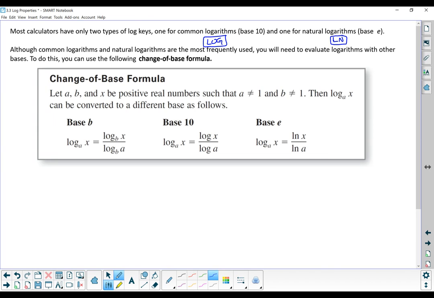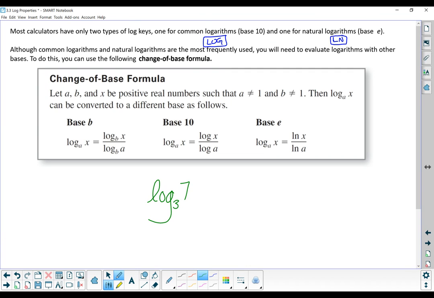So in order to do this, you can follow the change of base formula. If you have a log that you need to calculate in a different base, let's say you needed to know log base 3 of 7.